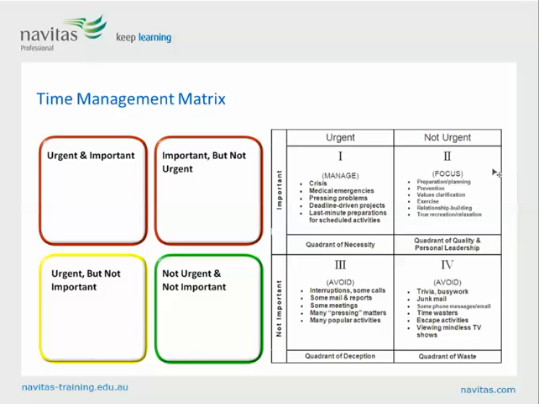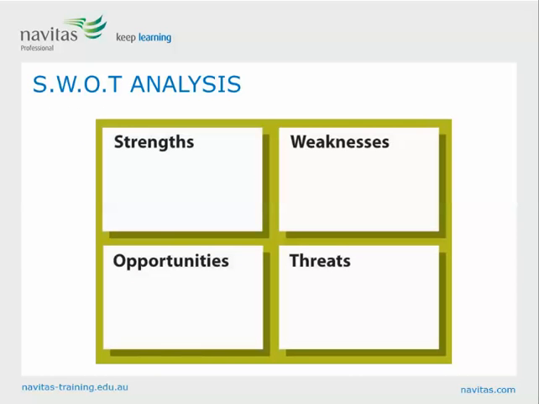We've also got the other two categories down here as well, which is urgent but not important, and not urgent and not important down the bottom just here as well. So the last part of this is working out a SWOT analysis of your time and of your time management. Not having enough time is the number one enemy of us not achieving our goals.